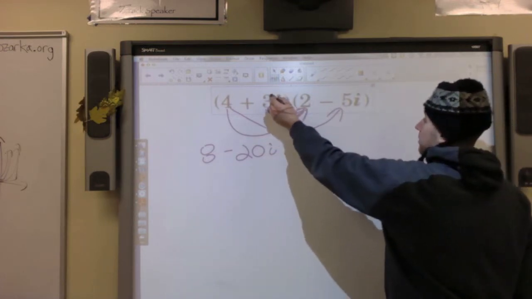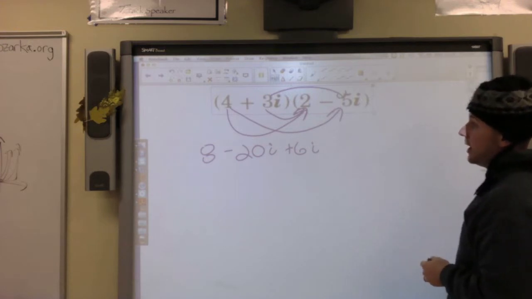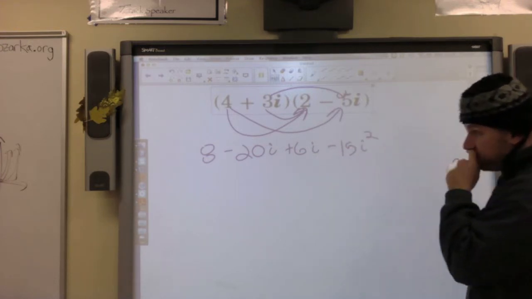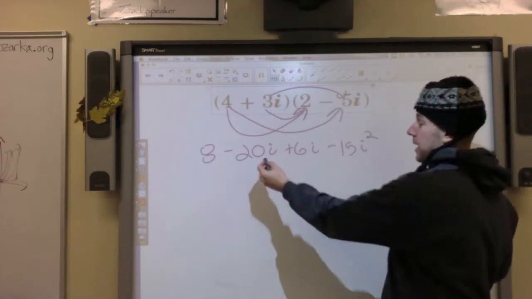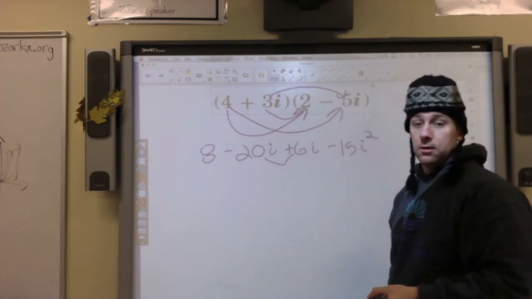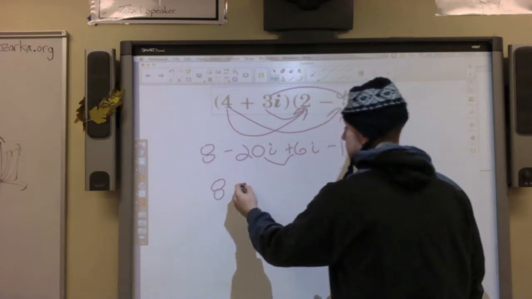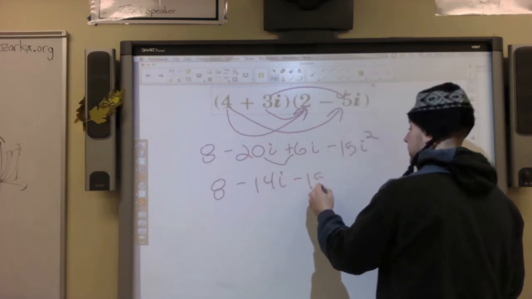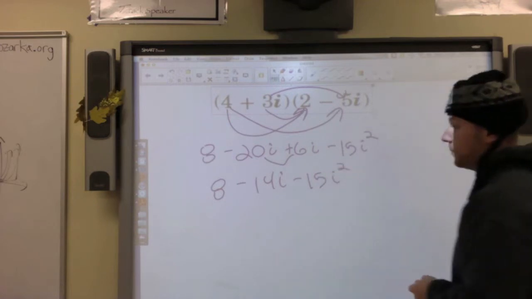And then 3i times negative 5i is negative 15i squared. I can combine these middle parts and get 8 minus 14i minus 15i squared.